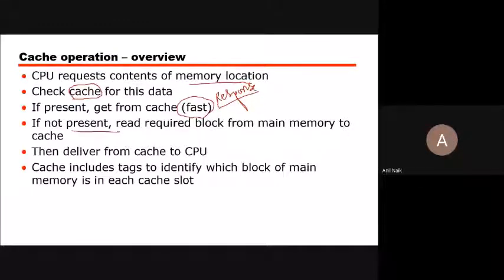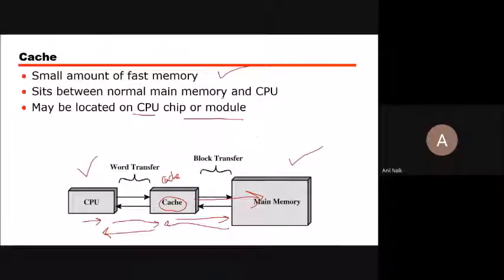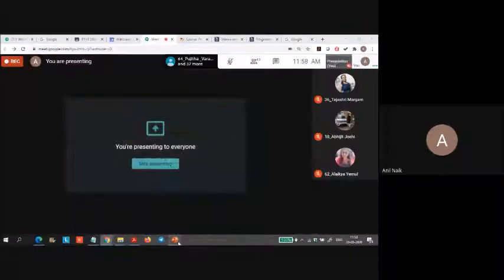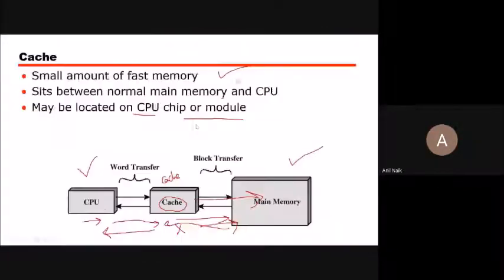If not present, read the required block from the main memory to cache. If it is not present, where to go? If the data is not present in the cache memory, then it will go to the main memory.